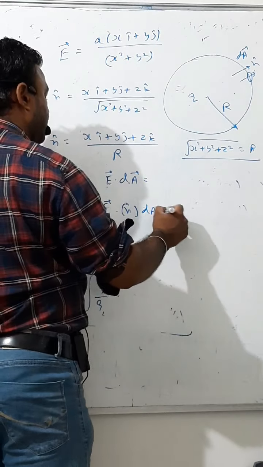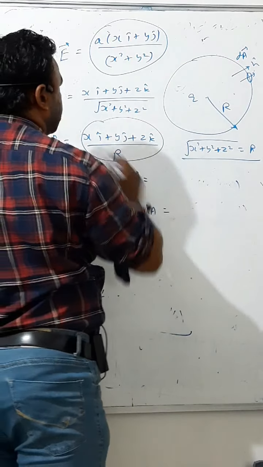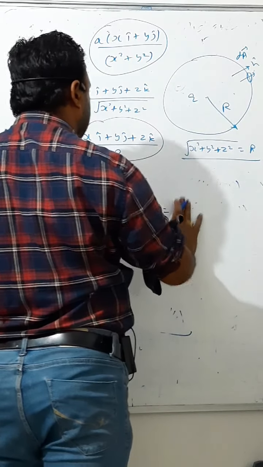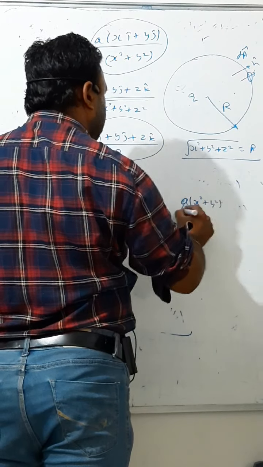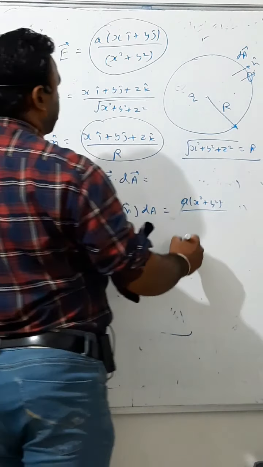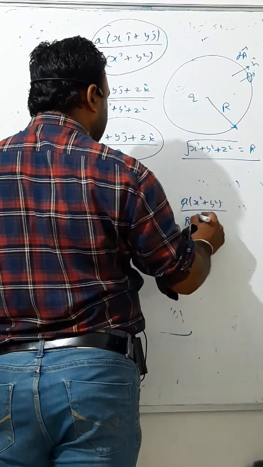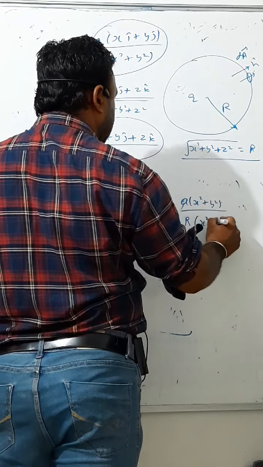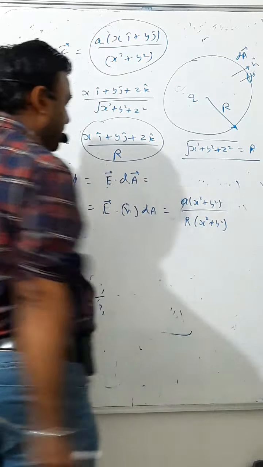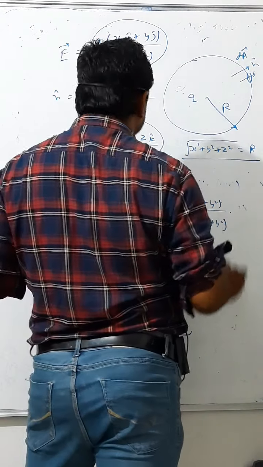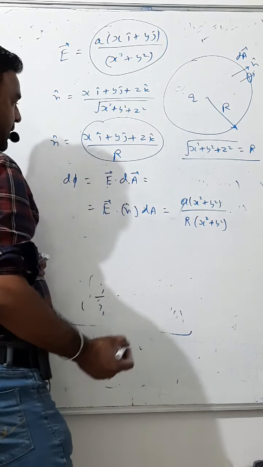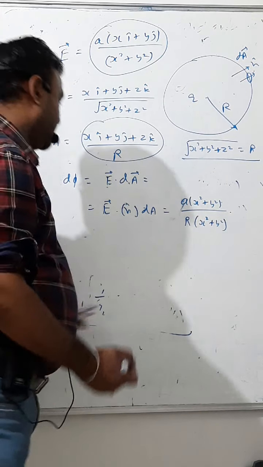E is this. If I make a dot product of this and this, I will get A (x square plus y square) upon r (x square plus y square) into dA.